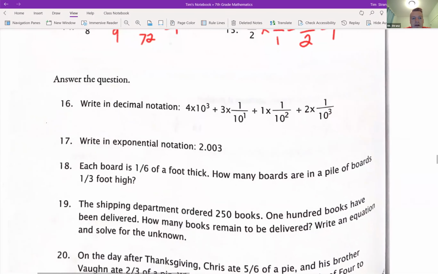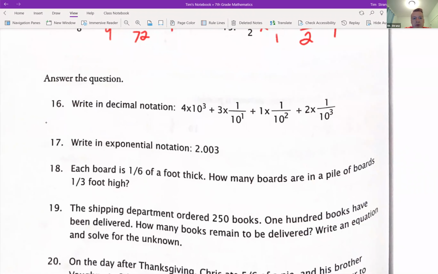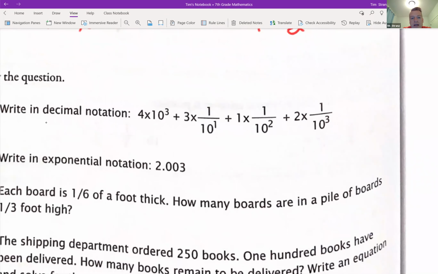All right. Look at the instructions for these next ones. Answer the question. Very detailed instructions. Thank you. So number 16, write in decimal notation. Okay. So decimal notation means they want you just to write the number with the decimal. So 4 times 10 to the third, right? That's going to be the thousandths place. So we know our number is going to be 4,000 something.